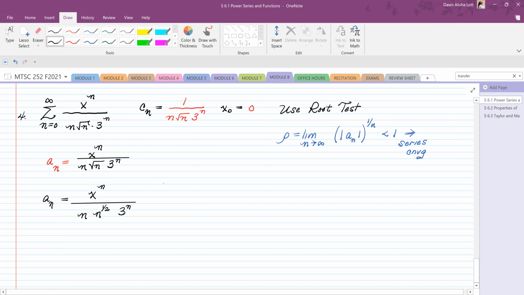Everything's positive. So the absolute value of an to the 1 over n is x to the n over n to the 1/2, 3 to the n, raised to the 1 over n power.